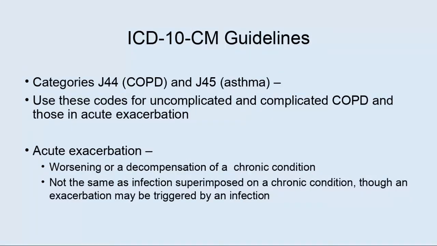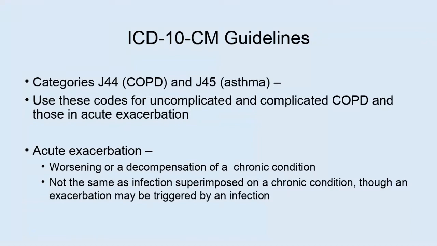The ICD guidelines instruct us on how to code for these conditions. Use codes from category J44 and J45 for uncomplicated, complicated, and acute exacerbation of COPD. The guidelines also define acute exacerbation, which is a worsening or decompensation of a chronic condition.